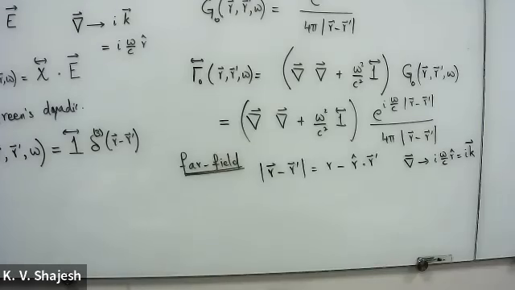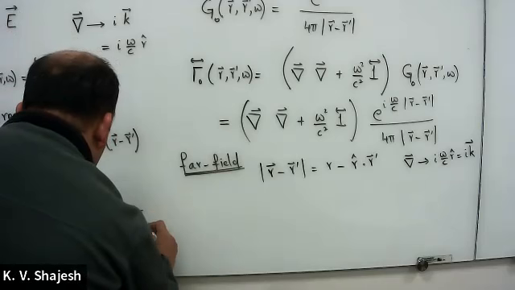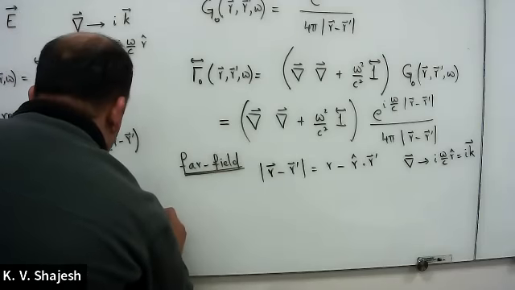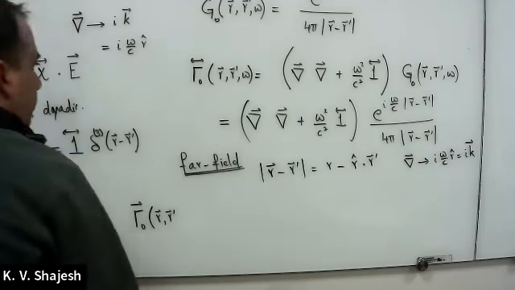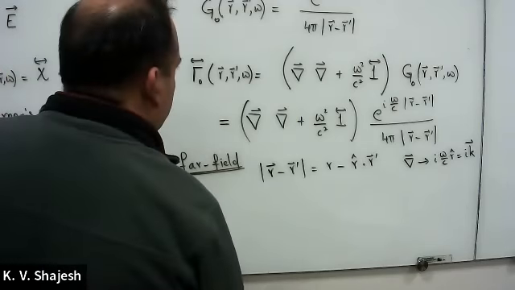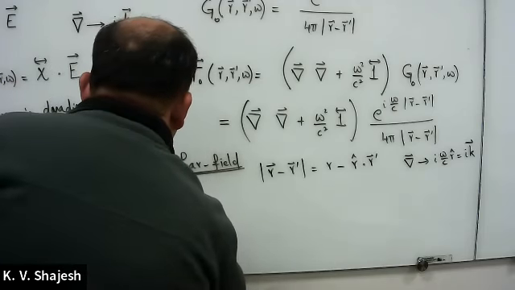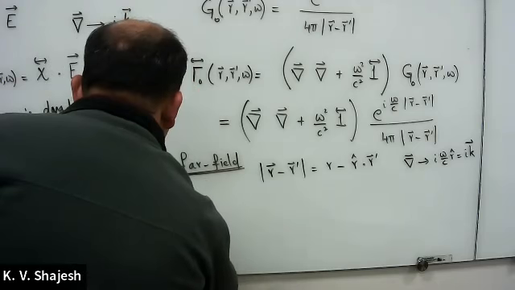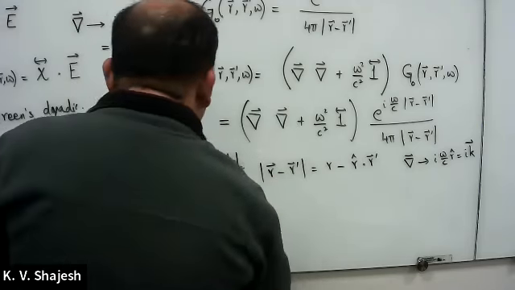With me? So, how my Green's static is, this becomes ik, there's a minus, right?